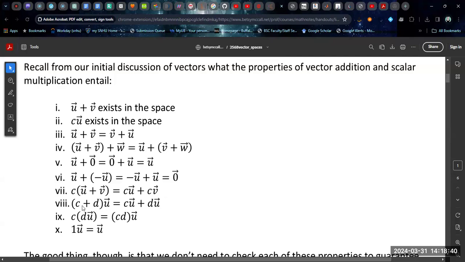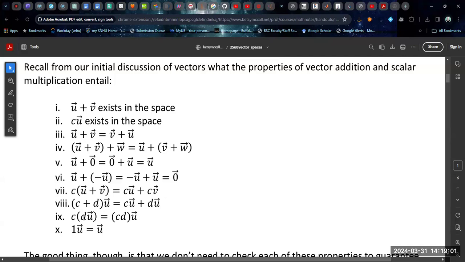You can also have a distributive property with scalars. So I can add the 2 scalars together and then multiply by my vector, or I can distribute the scalar to a copy of the vector and my second scalar to a copy of the vector and then do the addition. And same thing for multiplication.